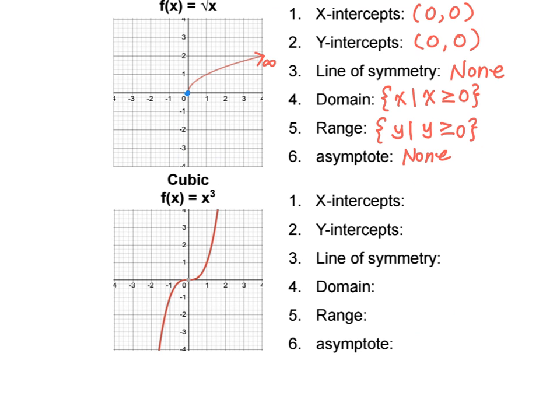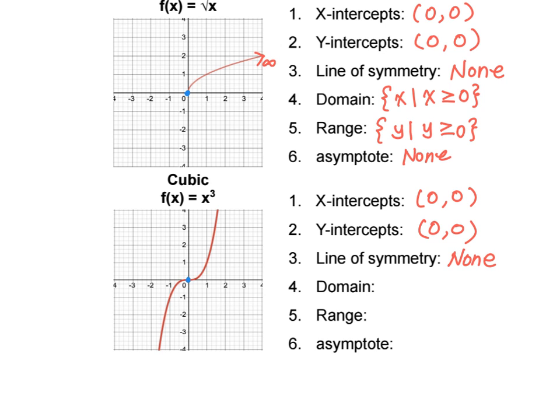Next, cubic function. You can tell the x-intercept and y-intercept are the same as the origin, (0, 0). And line of symmetry: there is no symmetry you can find.